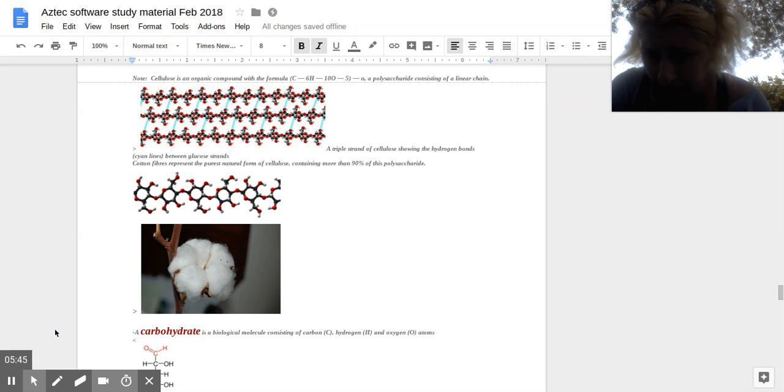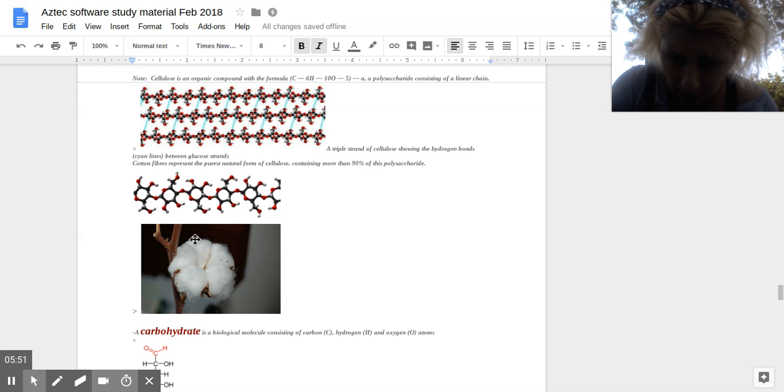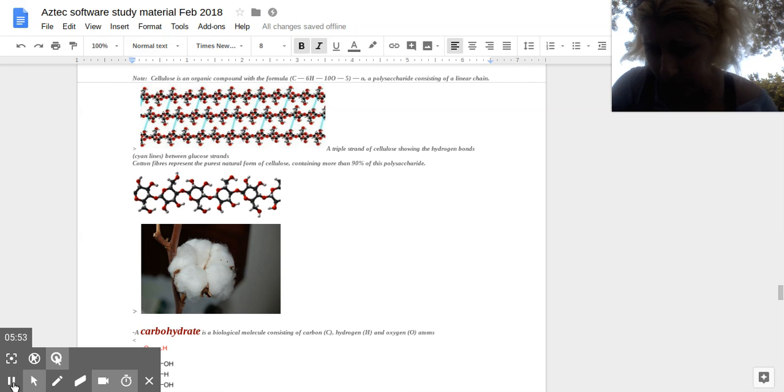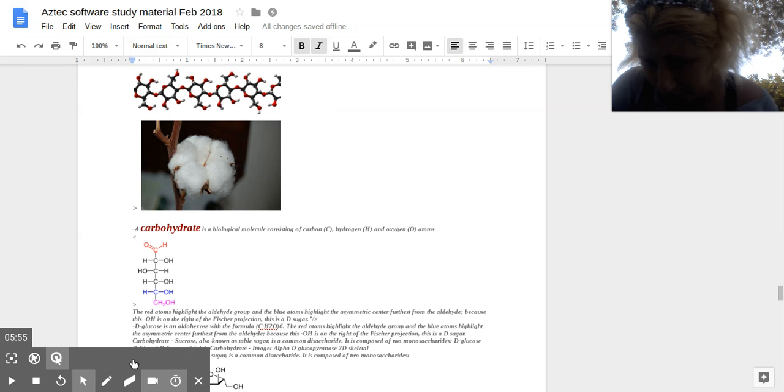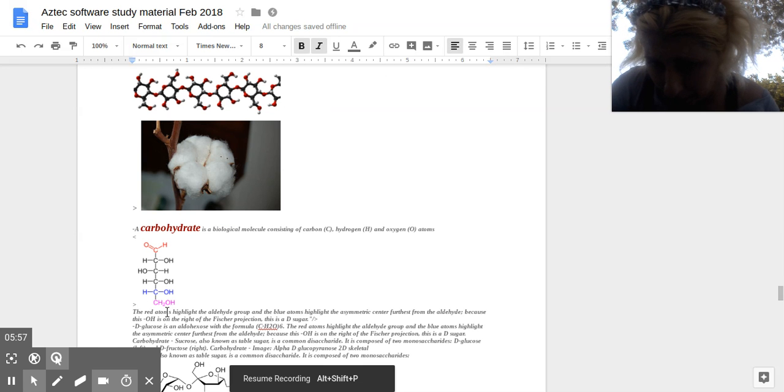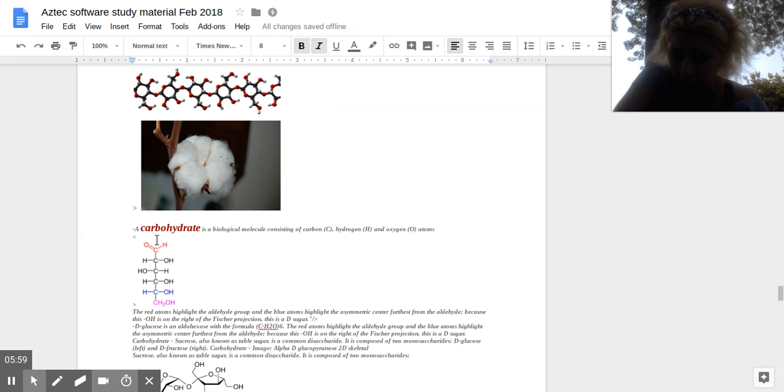A carbohydrate is defined as a molecule consisting of carbon, hydrogen, and oxygen. So we have a structural formula here, showing that in red you have the aldehyde group.